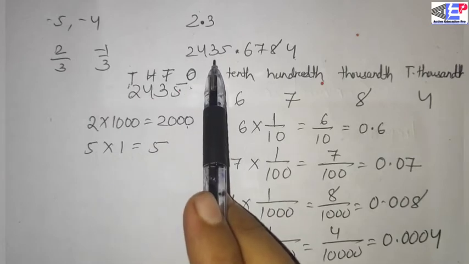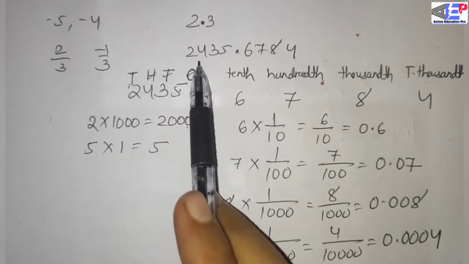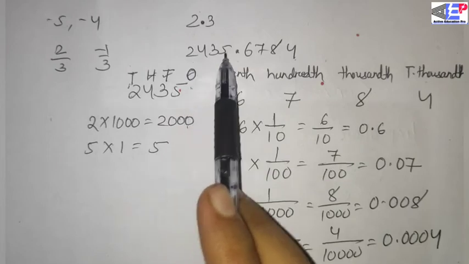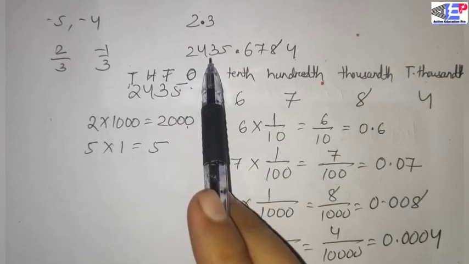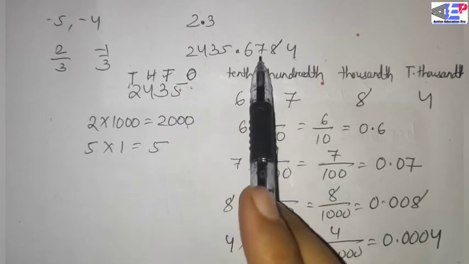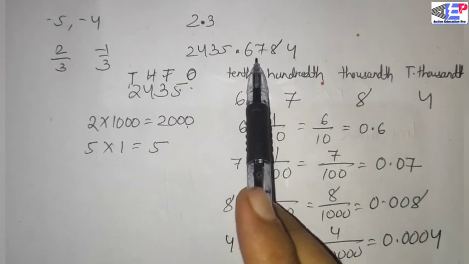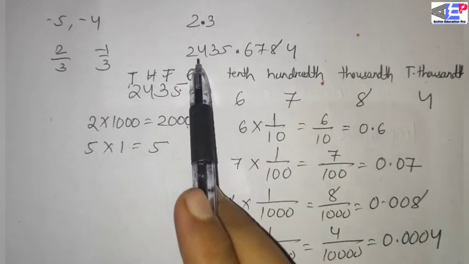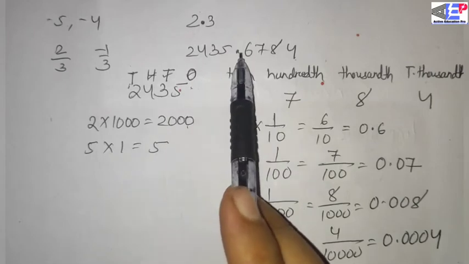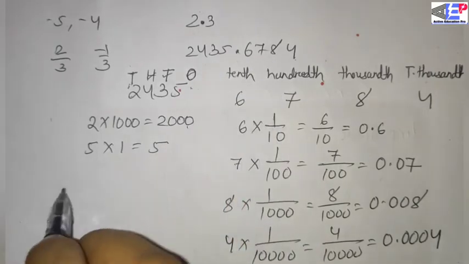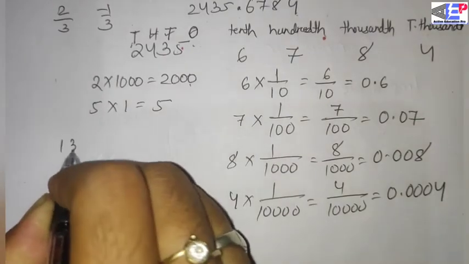At the left side you can read the number name 2435 together, but at the right side you have to read one digit at a time: 6, 7, 8, 4. 2435 point 6784.